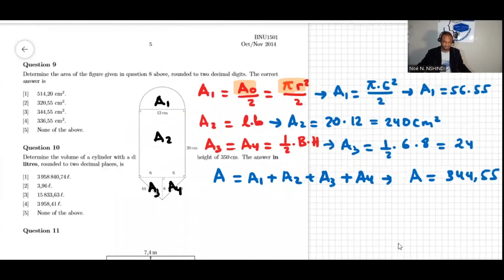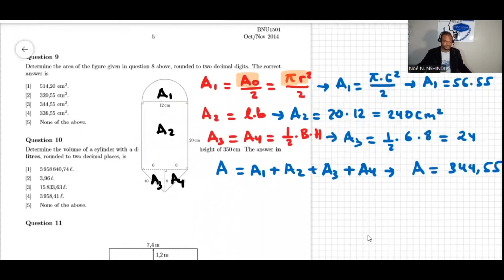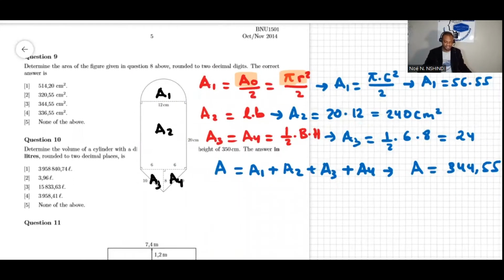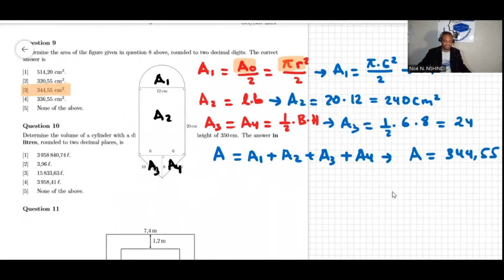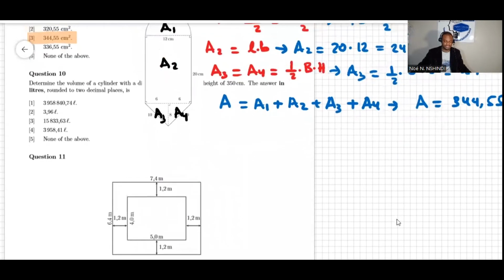And that is alternative 3. That's the correct answer. Now, the next question is question 10.